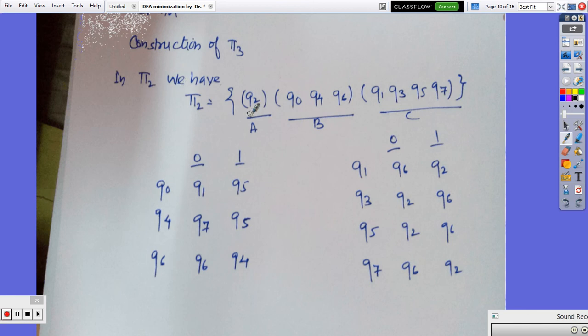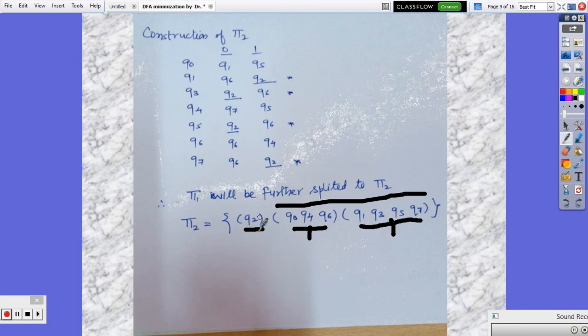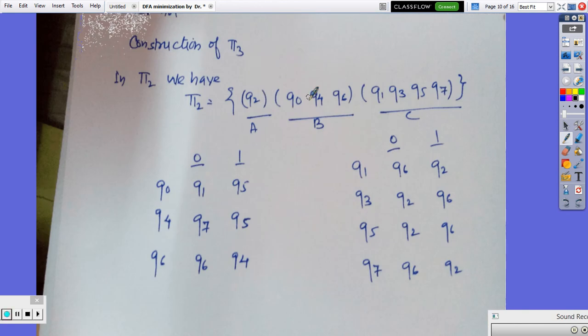In pi 2 we have three elements, 1, 2, 3, three elements are there in the pi 2 set. Now we will find the transitions. So I have written Q0, Q4, Q6, and Q1, Q3, Q5, Q7, and these are the transitions I have written.